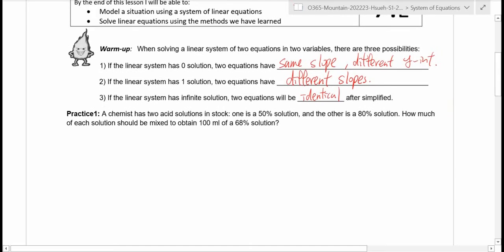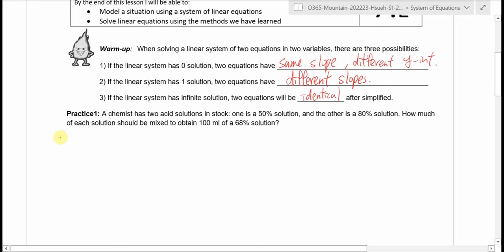So let's look at some word problems and then we're going to go back to solving linear systems. The first one here, we've seen this before. A chemist has two acid solutions in stock. One is a 50% solution and the other one is an 80% solution.